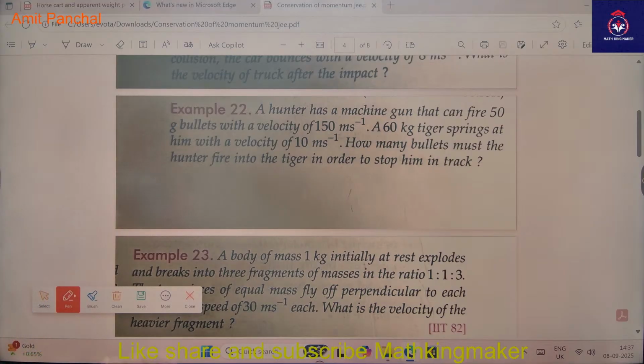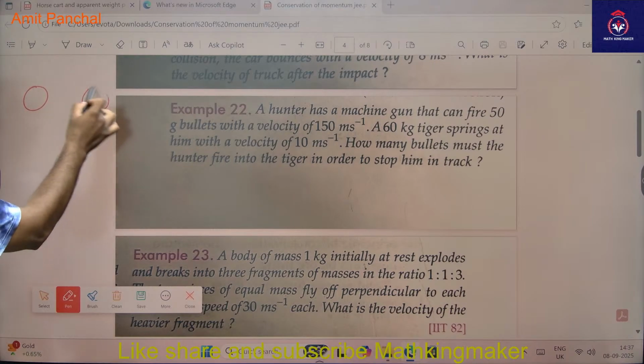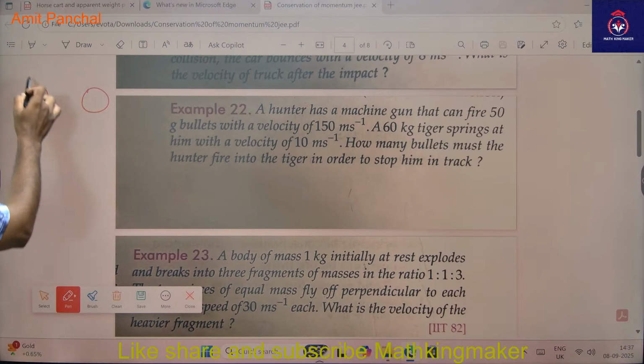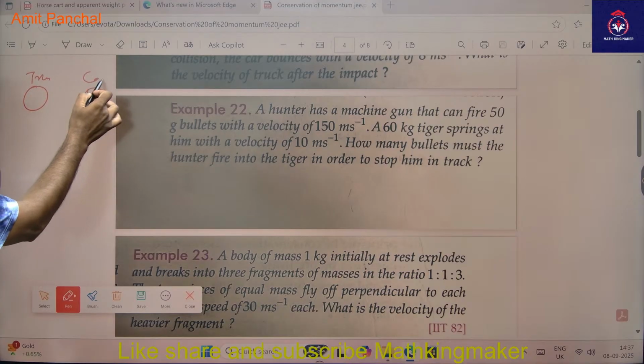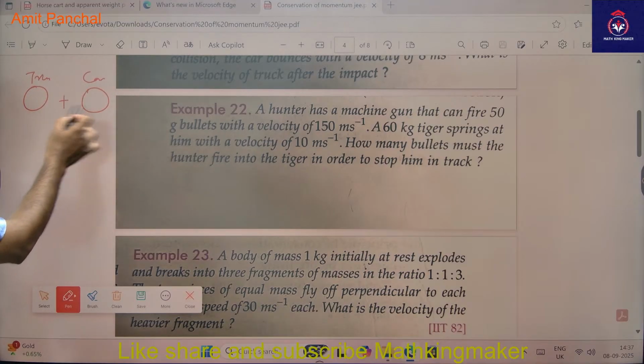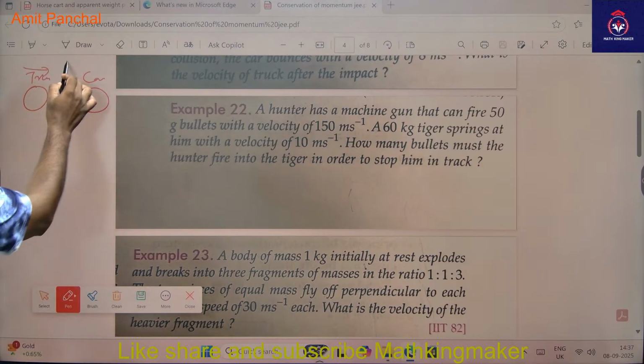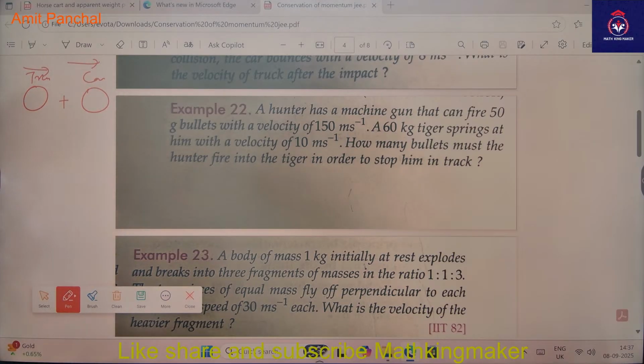After collision also, they will be moving in the same direction. If you add them, you get 8 is equal to 1 plus x, which after simplification comes out to 7. Before collision, this was your truck and this was your car, so you have to add their momentum because they are moving in the same direction.